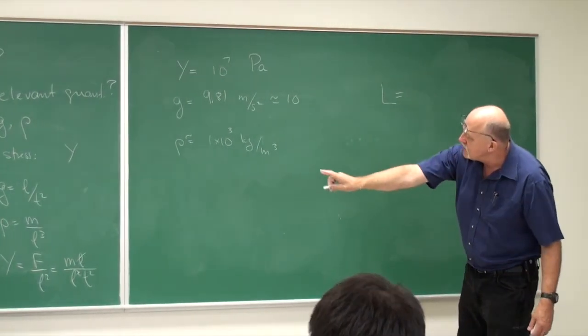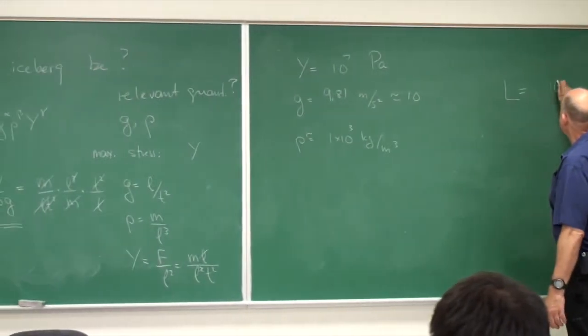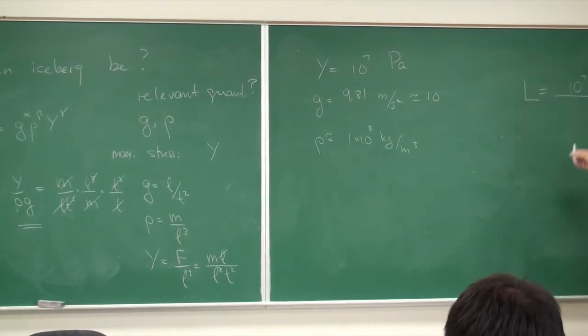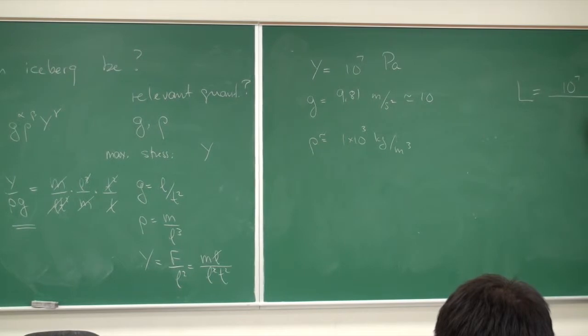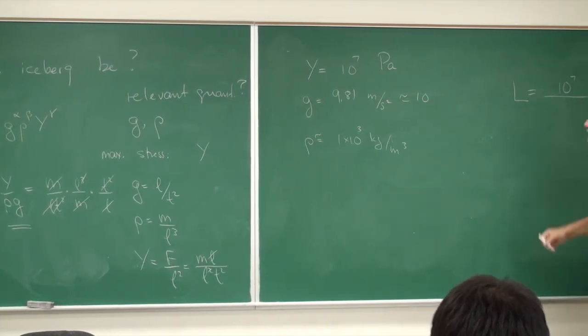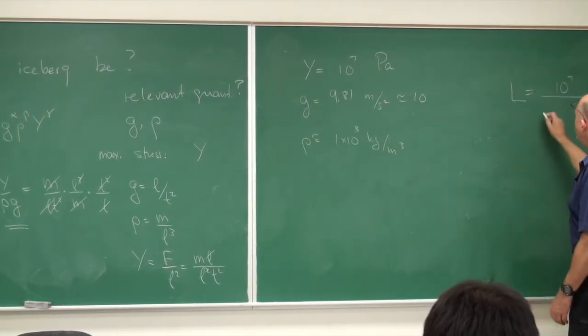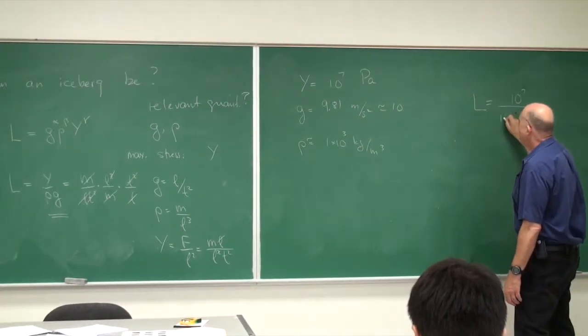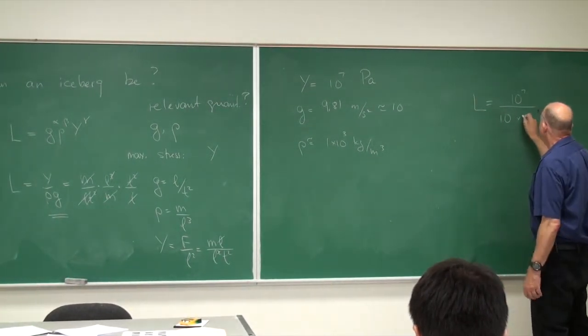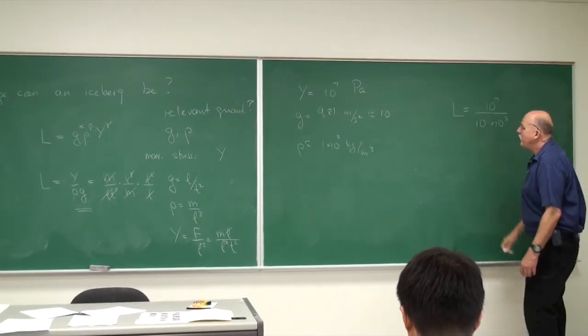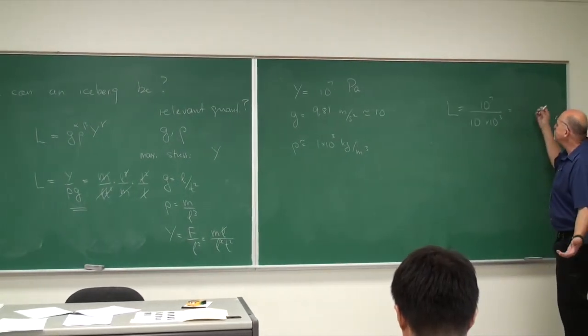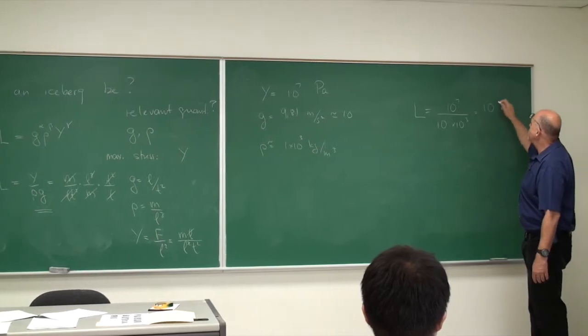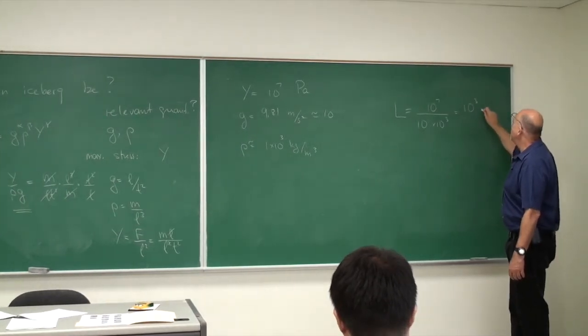So this is just an approximate affair. We put these numbers in, we have 10 to the 7 on top. And we don't even have to write down the units because we know that things are going to work out. So it's 10 to the 7 on top, 10 on the bottom for G, and 10 to the third for rho. And so this gives us 10 to the third meter.